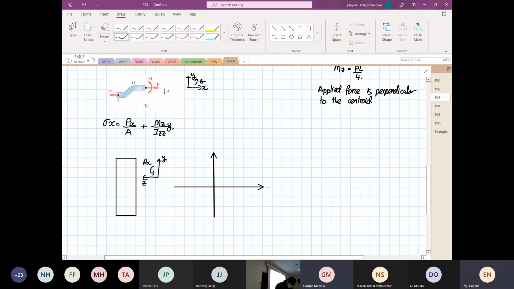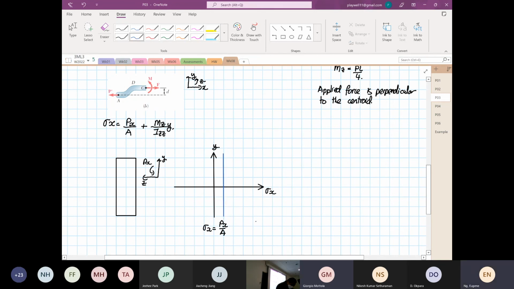So this is our normal stress in the x direction, right? This is our y. So we're going to sketch stress x equal to Px over A. When that's the case, we have a vertical line.